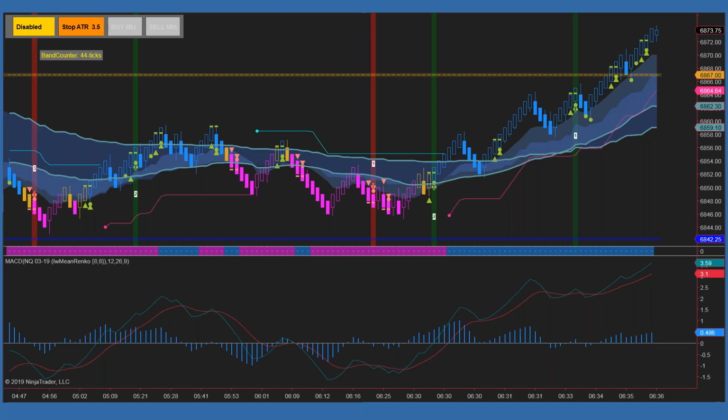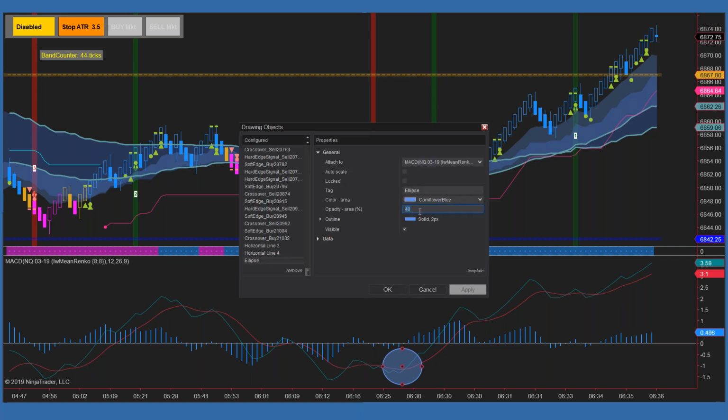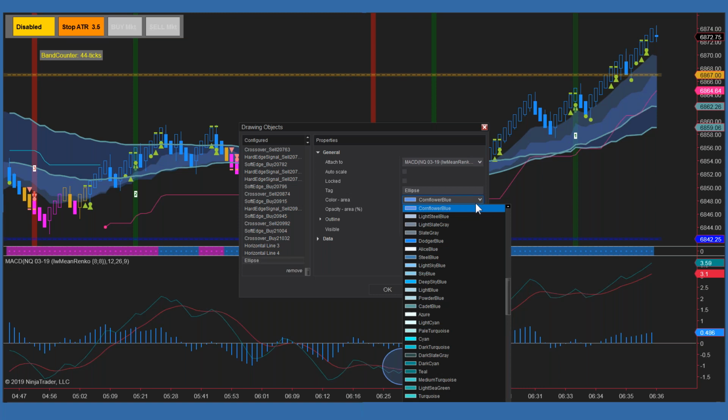All right, so let's just take a look here at a couple of instances of how you can use MACD. Like I said, one of the big deals about MACD is when MACD crosses your trigger line. Here, let's change the color of that.